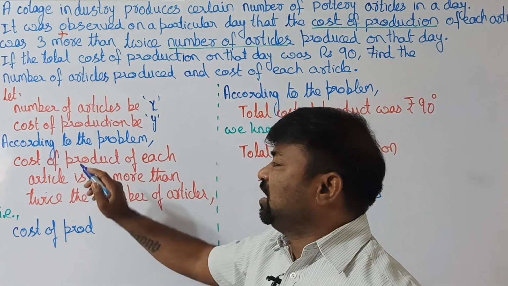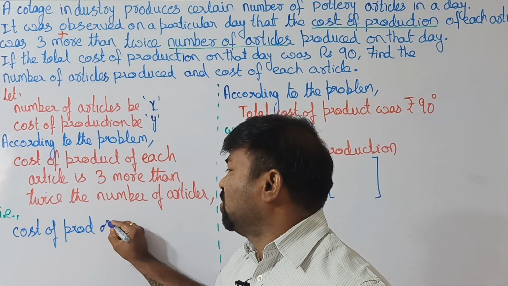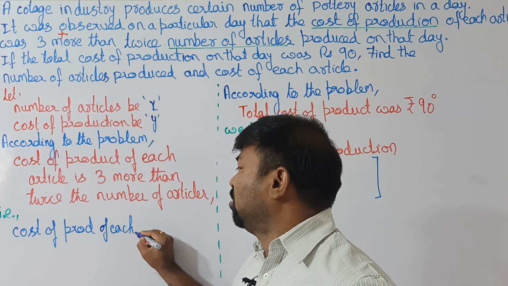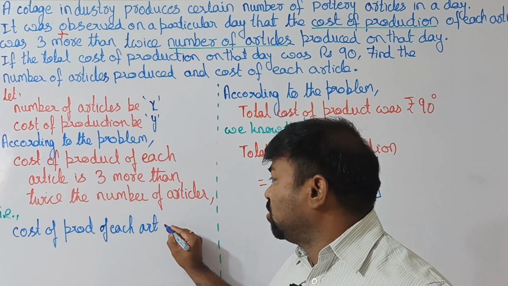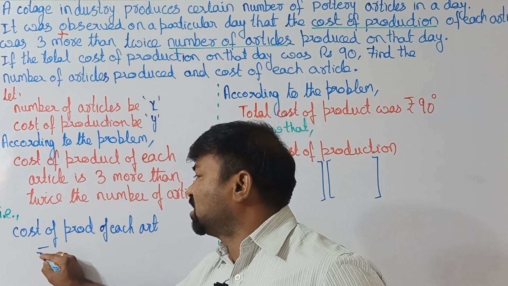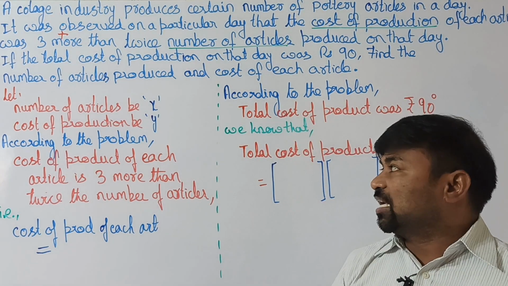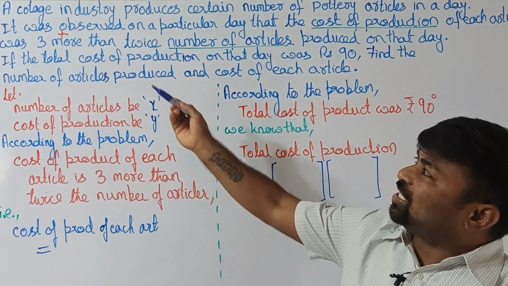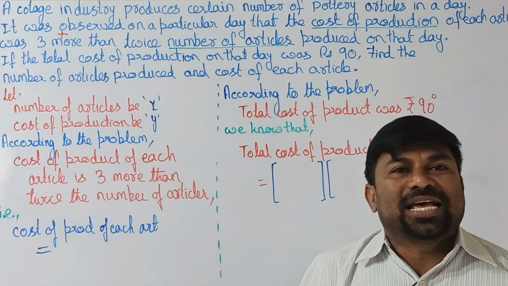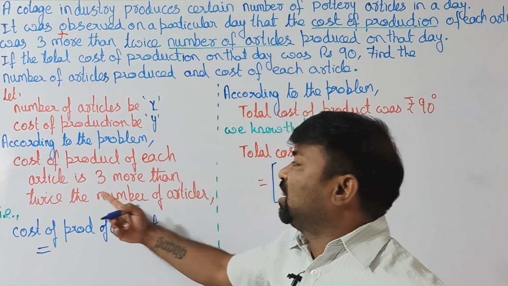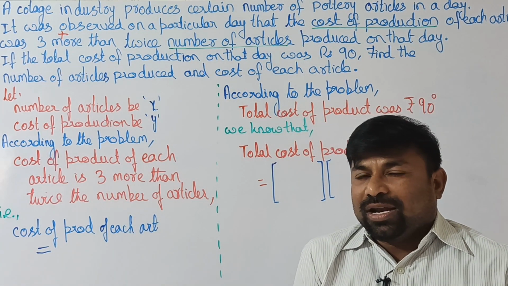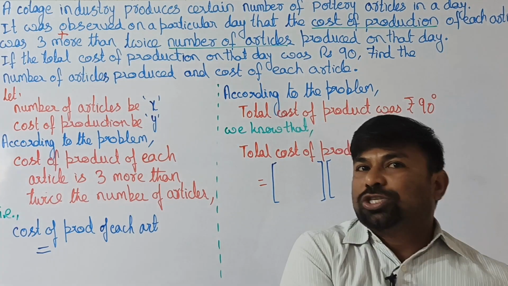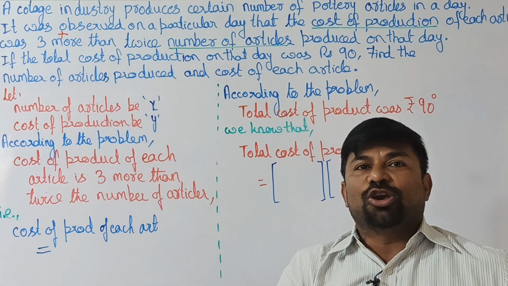Cost of production of each article. "Is" means equals. Cost of production of each article is, he says, 3 more. Just now I told you, more is nothing but plus. 3 more than twice the number of articles. Whenever we are converting from sentence to symbol, we have to change the order.